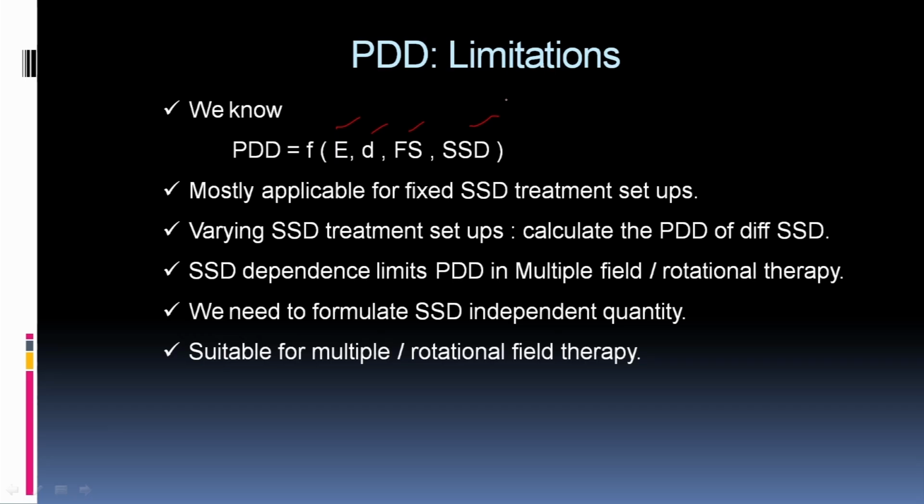So for varying SSD, if our SSD changes for each field setup, we need to calculate the PDD for different SSD. There are methods by which we can convert our PDD for different SSD, but they are very laborious, and this is not possible all the time.